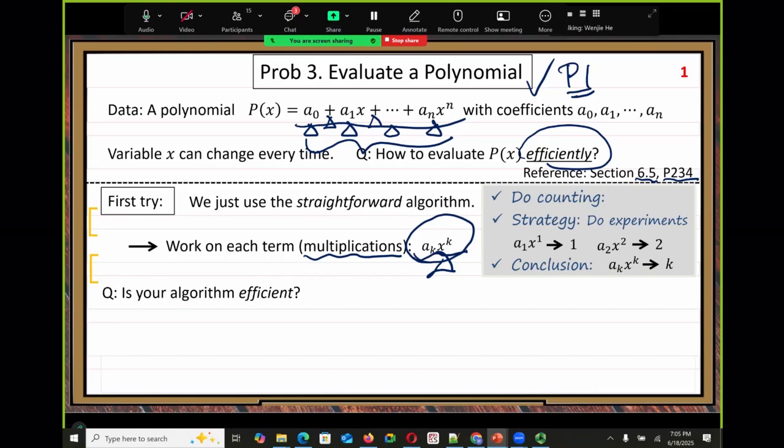Here, is the k multiplication way the fastest? Is it possible we can reduce this k number? That's the question.